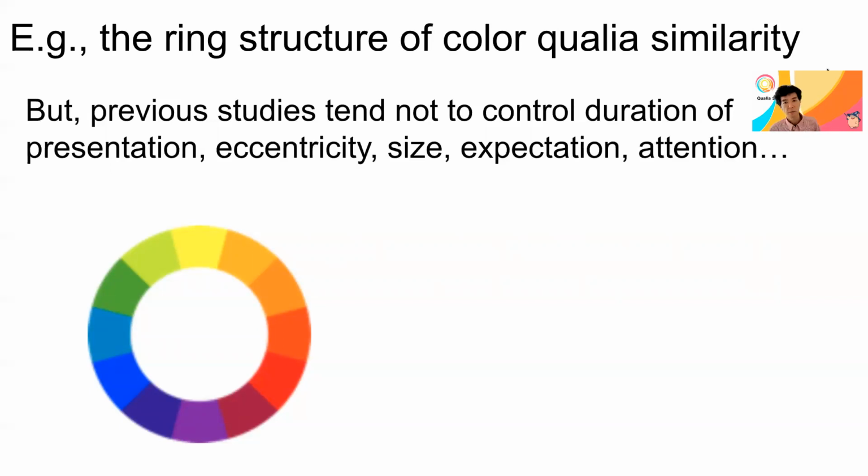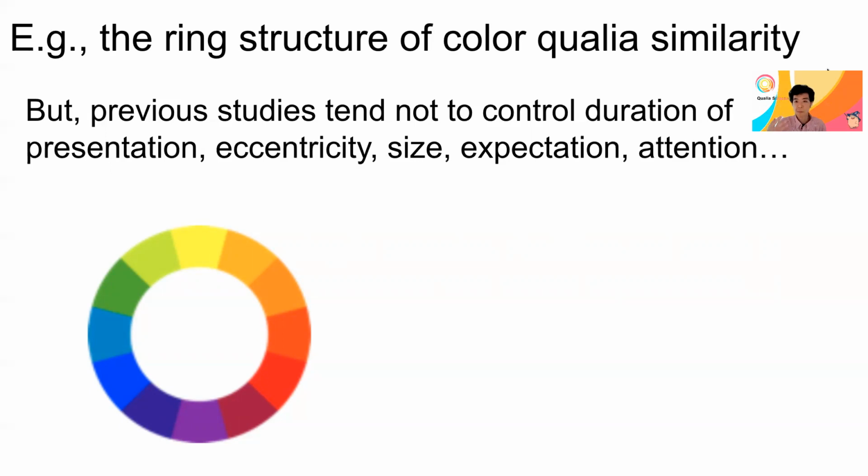For example, they didn't control the duration of the presentation so that people could move the eyes, and also eccentricity was not really fixed, and size was presented at the same size at the fovea and periphery, and many things, and attention and expectation were not controlled.